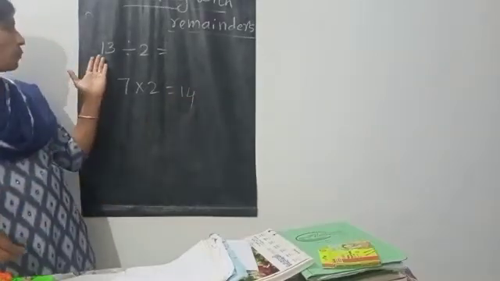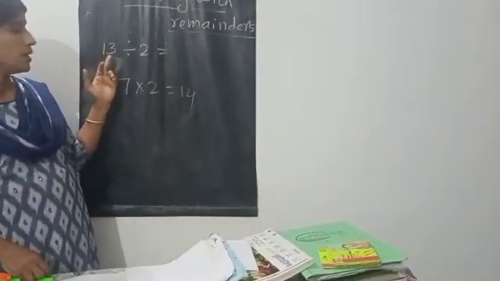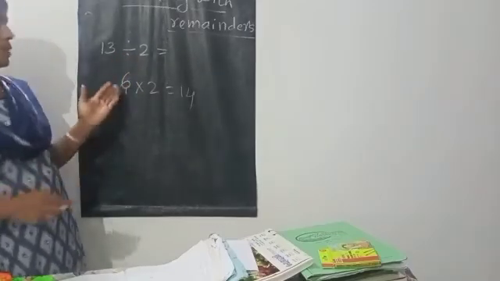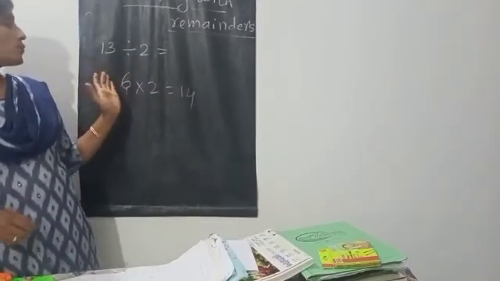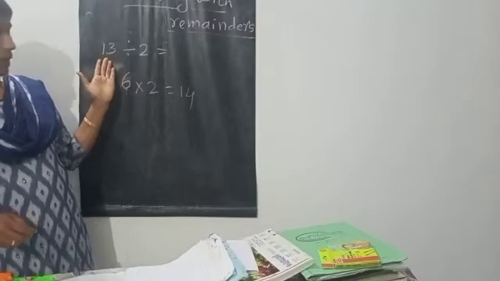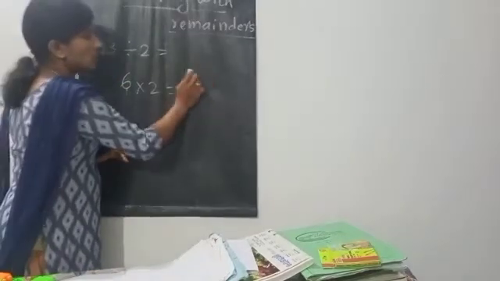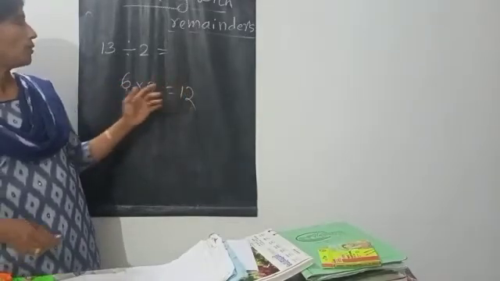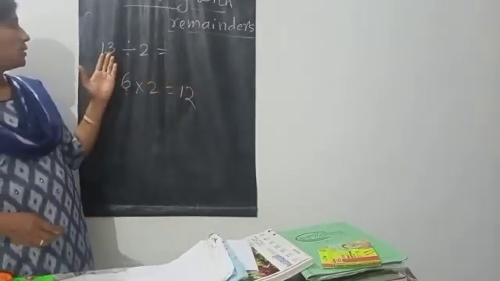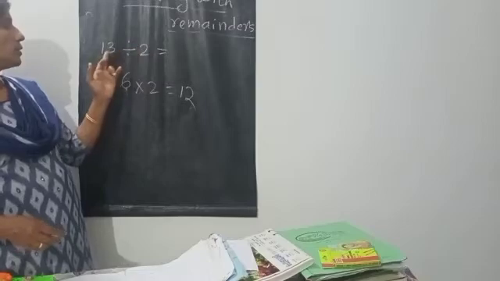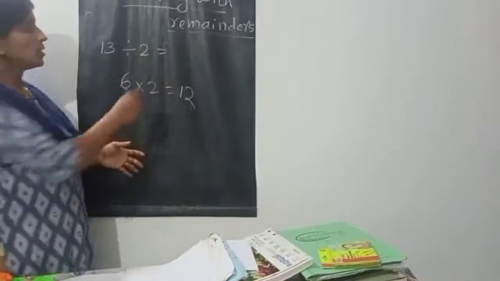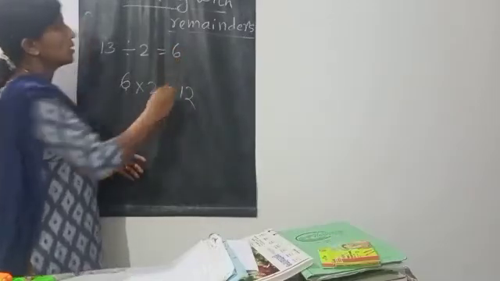Here we don't have 14. We have only 13. So we can take 6 times, because 6 times 2 is 12. So when we divide 13 by 2, we will get answer 6.